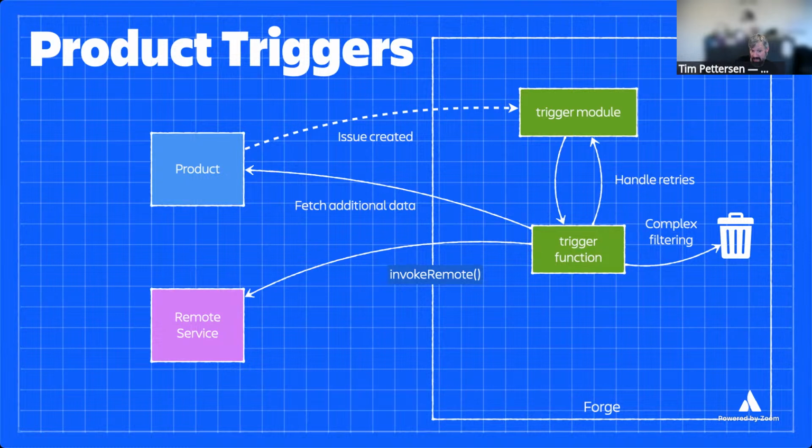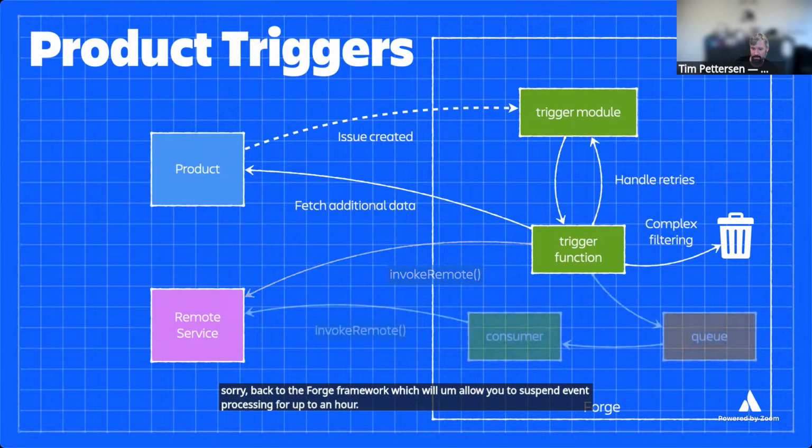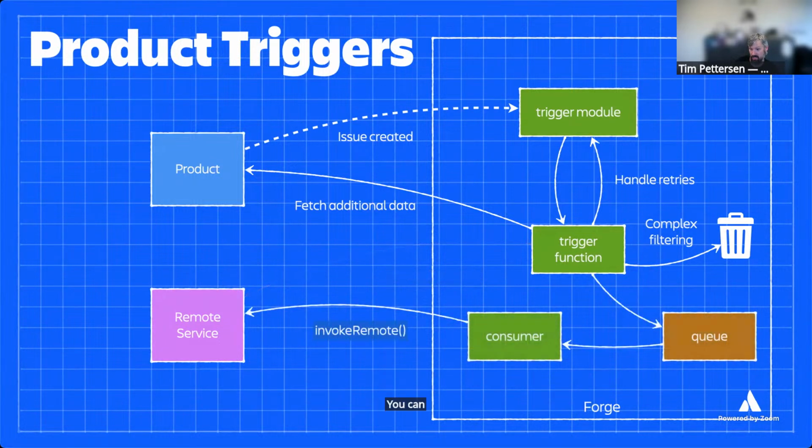Now, the other thing you can do if you want to make your service really resilient, beyond just throwing an exception to your trigger module, back to the Forge framework, which will allow you to suspend event processing for up to an hour, is you can also push it to a queue. We'll talk a little bit about queues and consumers in a second.